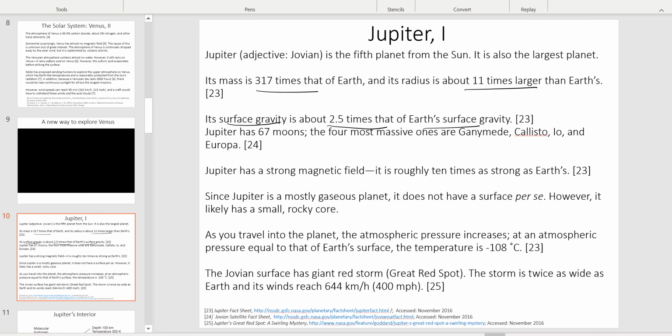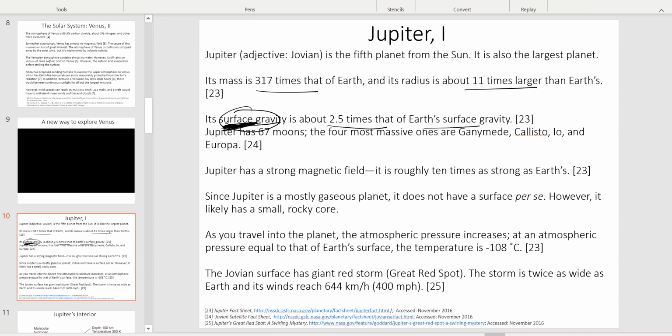And it might actually seem strange to talk about the surface of Jupiter because I just mentioned that it's a gaseous planet. Well, there's 2 things to say here. The first is that it very likely has a core, which is rocky and icy. But the second thing to say is that by surface, I'm not talking about the same kind of surface we have on Earth. So I'm not saying that you go into a gaseous planet such as Jupiter and then suddenly you hit rock. That's not what we mean.